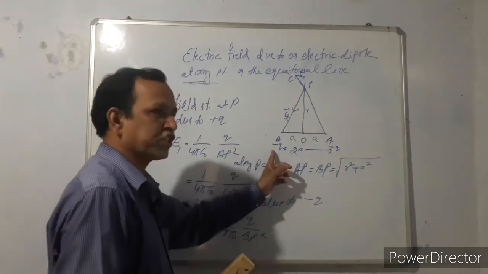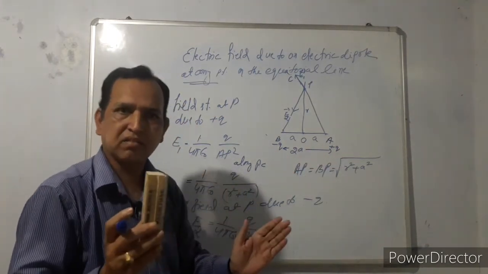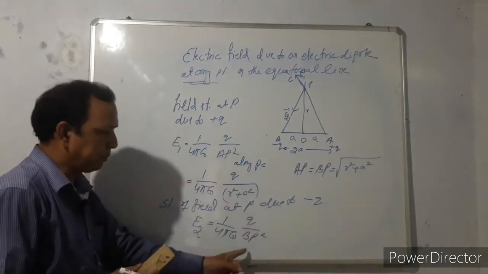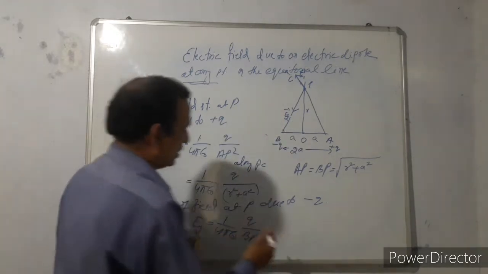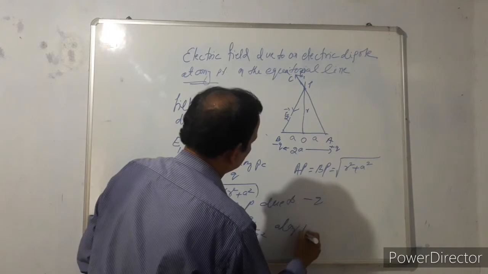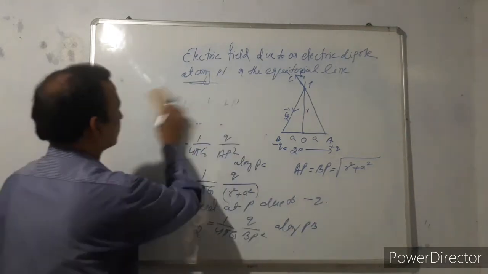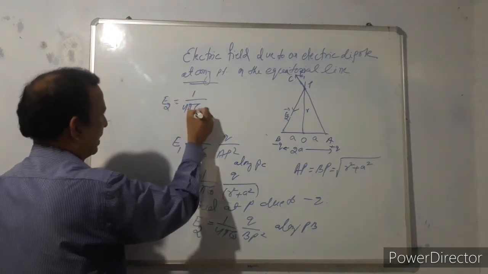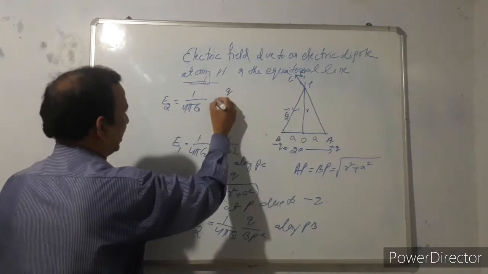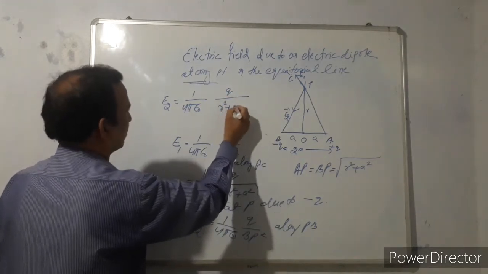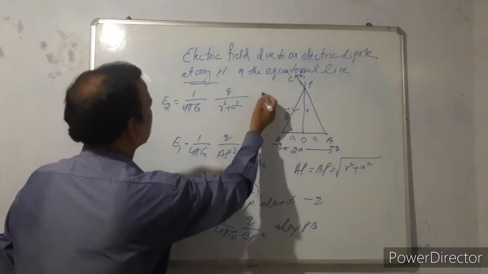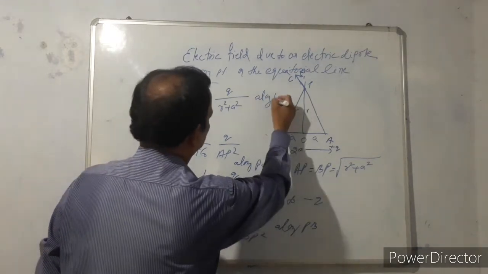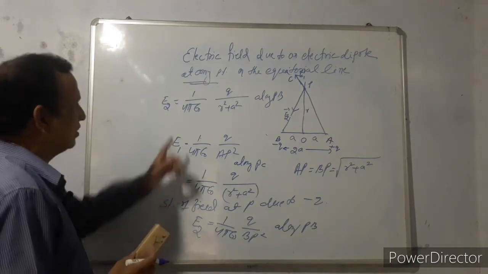This is plus Q, this is minus Q, on two sides; here we take only the magnitude, Q. BP and AP are the same, so along PB, E2 is equal to 1 by 4 pi epsilon naught Q by R square plus A square along PB.